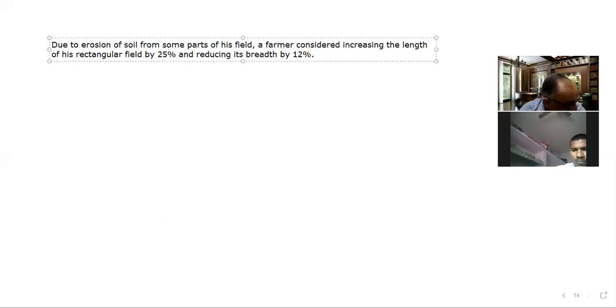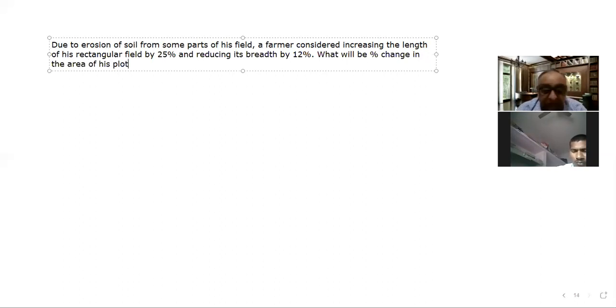What will be the percentage change in the area of his plot?